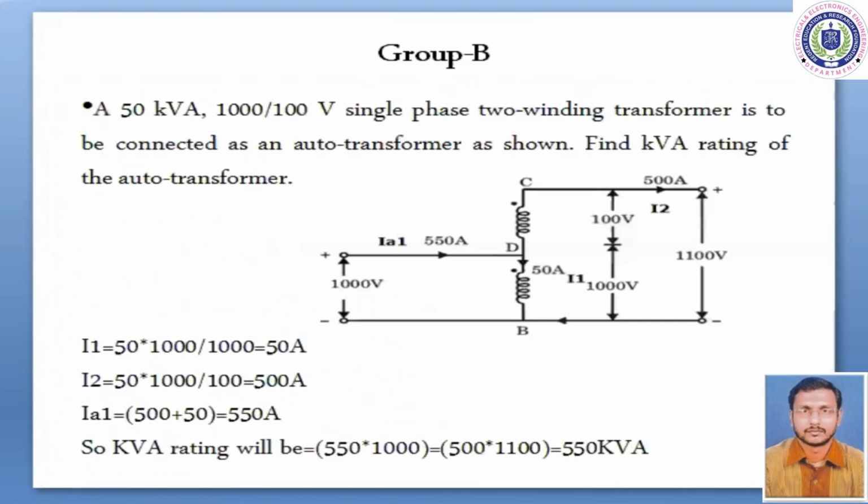The next question is a numerical which you have to solve. As you can see, a 50 kVA, 1000/100 volt single phase 2-winding transformer is to be connected as an auto transformer as shown in the figure. Find the kVA rating of the auto transformer.